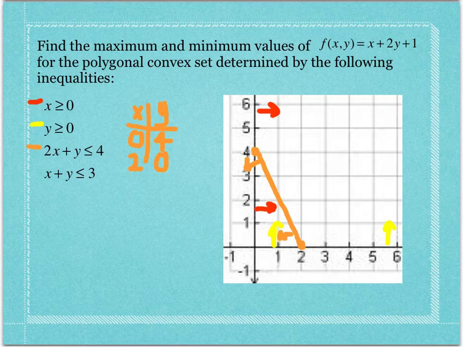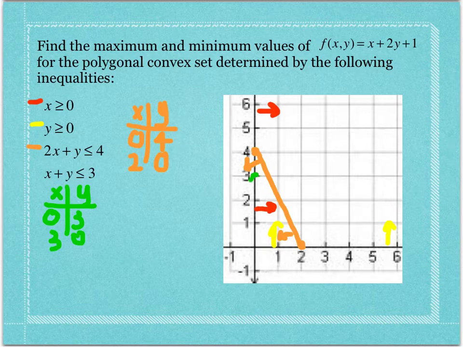Now already we can see that if we look at the intersections of those first three regions, it would be this triangle right here. Lastly, I'm going to look at the last inequality, which is x plus y less than or equal to 3. Again, I'm going to use my intercept method, so that would be 0, 3, and 3, 0.